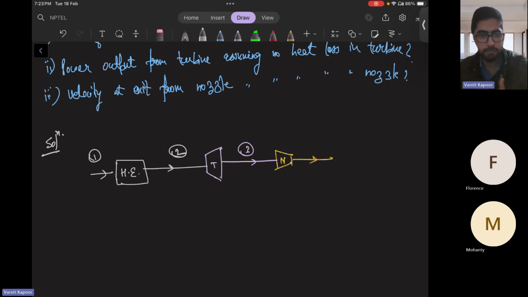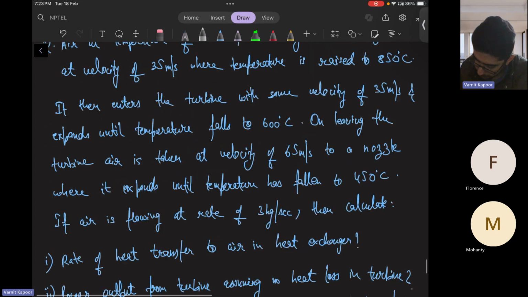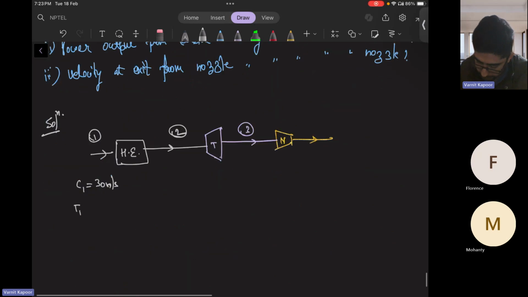So air first passes through the heat exchanger at a velocity of 35 meters per second. So C1 is 35 meters per second. Then the temperature is raised to 850 degrees Celsius from 15 degrees Celsius.